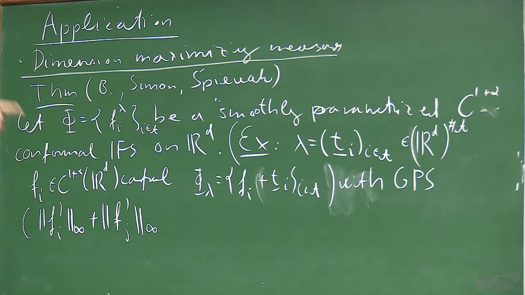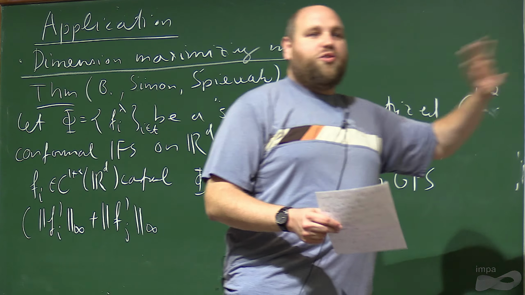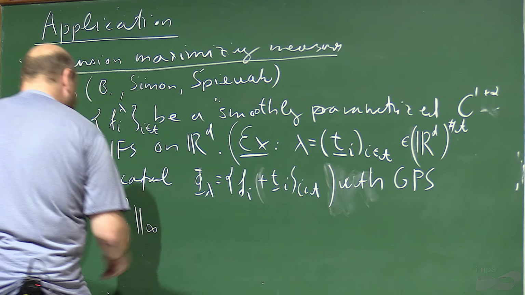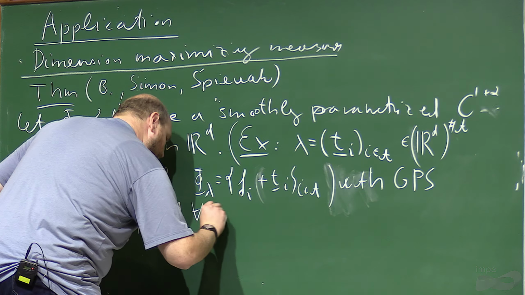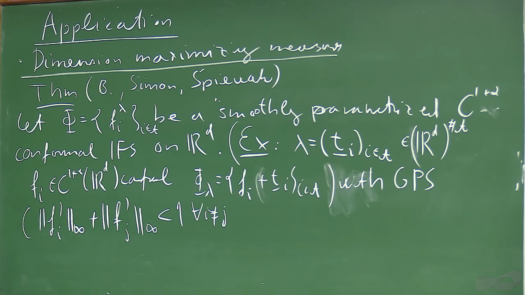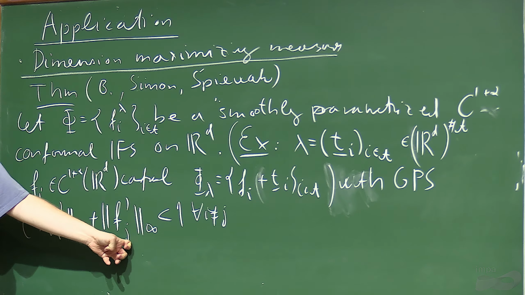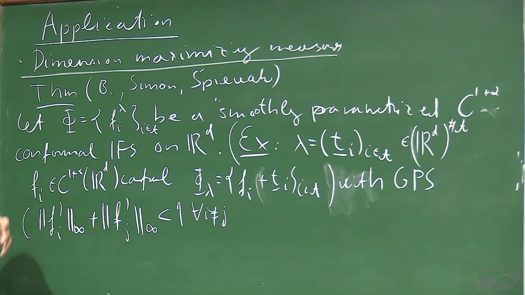There is a bunch of conditions that you need for smoothness, something like that. I don't want to repeat it. But if you don't know what GPS is, feel free to think that you have some fixed maps and you apply translations as parameters. That will always be good. And what we need is that the sum of the contraction ratios should be at most 1. Okay, this is always GPS.